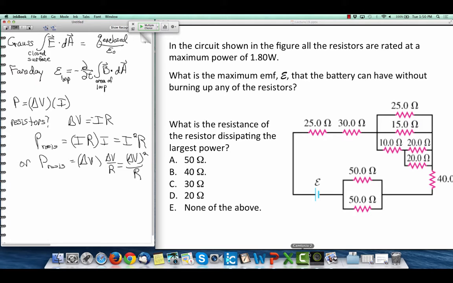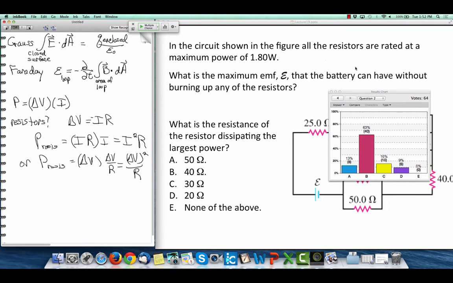You're still going to have to calculate things, but it might be easier, ahead of time, to think about what you need to focus on. The point is to find the maximum EMF, the maximum battery size where you don't burn up the resistors. So my question for you: what resistor is the problem? Which is the one that dissipates the most power?